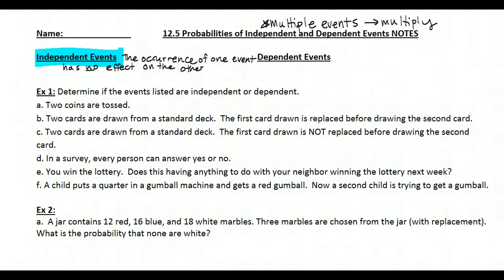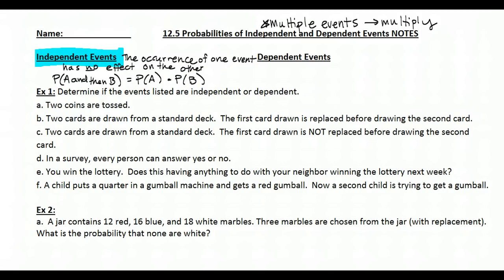The second event has nothing to do with what happened in the first event, so that would be considered independent. Or maybe I am going to roll my dice, and then I'm going to roll my dice again. Those are independent events because they don't affect each other. And here's our formula. The probability of A and then B is the probability of A times the probability of B.